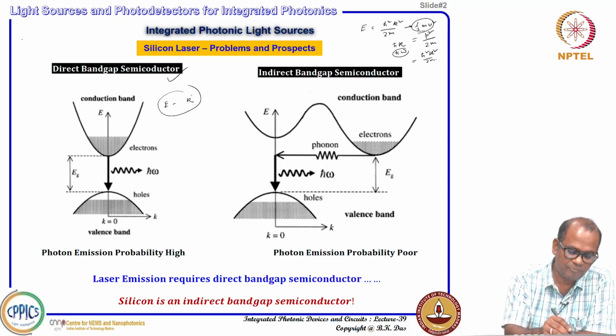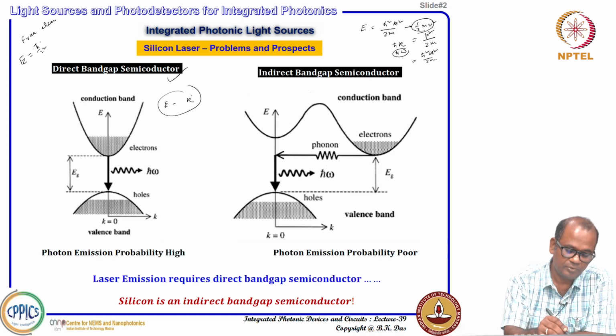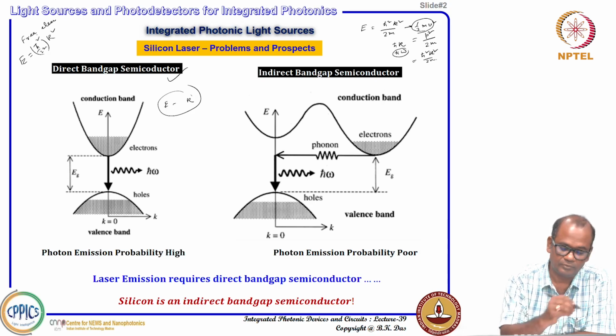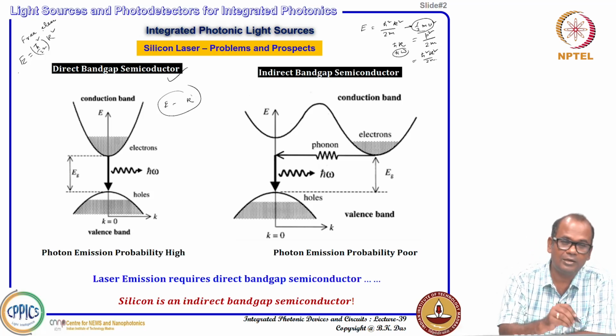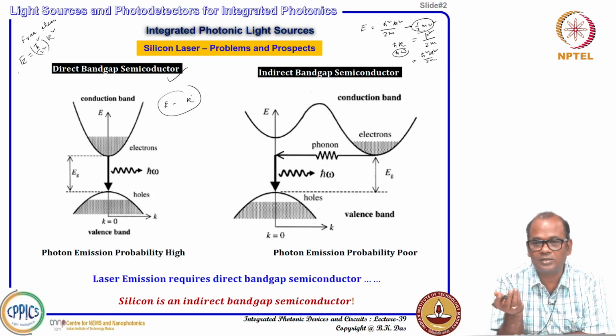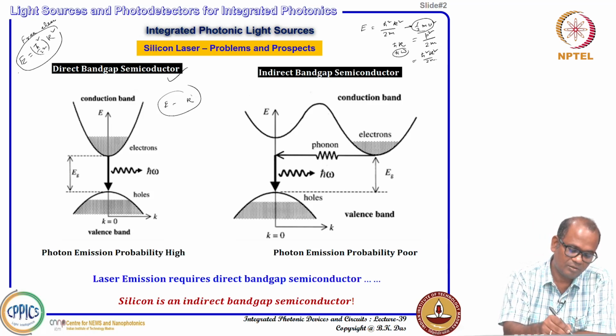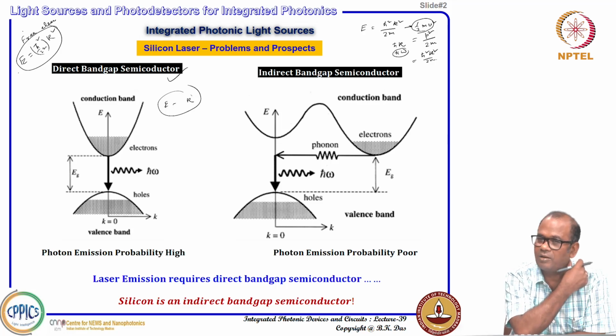So for a free electron, the energy is h cut square by 2 m times k square. This is the value. So the E-K diagram should be like a parabola. But when we consider this electron inside a crystal, inside the conduction band or the valence band, the E-K diagram will not be exactly a parabola.